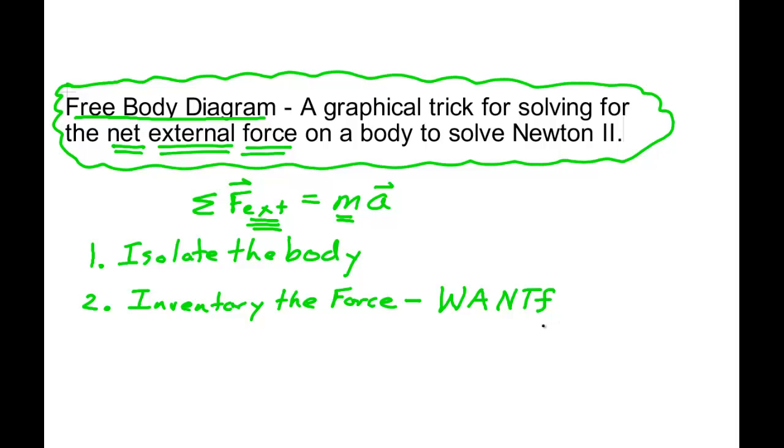Once you've identified all of those forces, the third step is to draw a coordinate axis. It turns out that the choice of your coordinate axis is arbitrary. If you choose certain directions, you can make the mathematics much simpler.